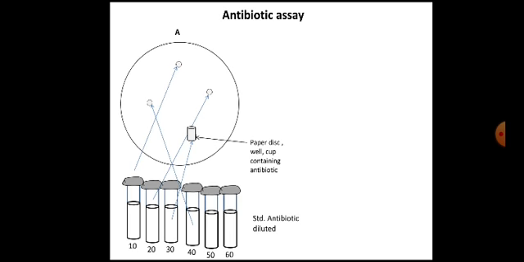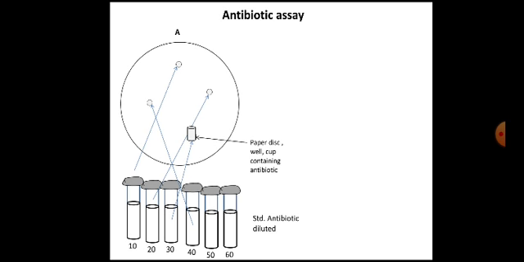The next step is that we must have a standard reference compound, as we have learned in the case of spectrophotometric assays or earlier colorimetric assays, that there is a need for a standard reference compound, so that with the help of that we can prepare a standard graph. So the protocol is the same. With the help of the standard reference compound, the first step is to prepare dilutions of that particular antibiotic.